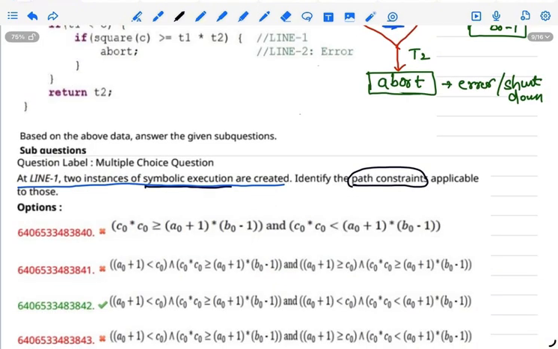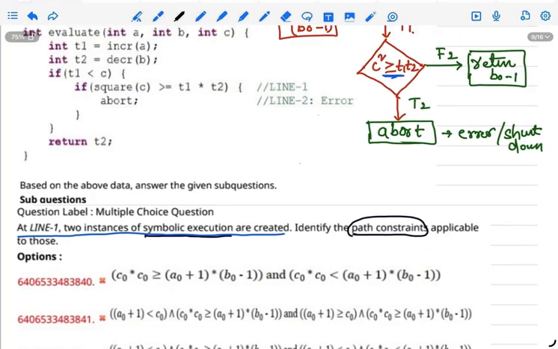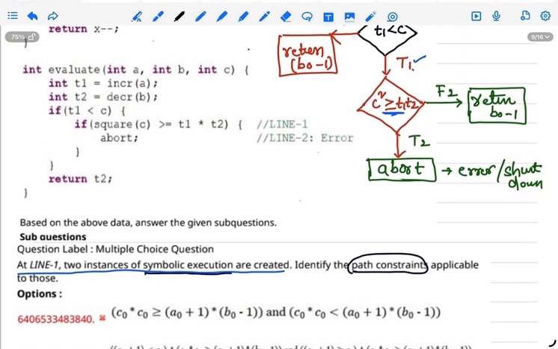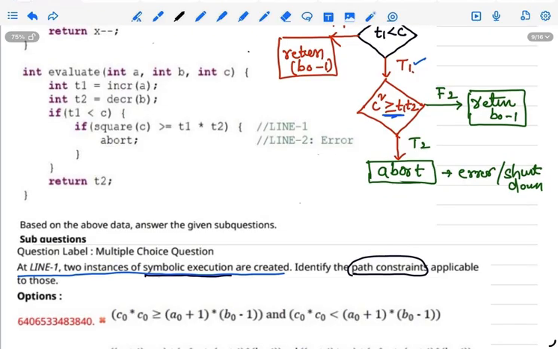In the question, at line 1, 2 instances of symbolic execution are created. Identify which path constraints are applicable. At line 1, they are asking which 2 path constraints are executed. This is for t1 true. If t1 is true, we reach the second condition. So this condition is executed with t2.